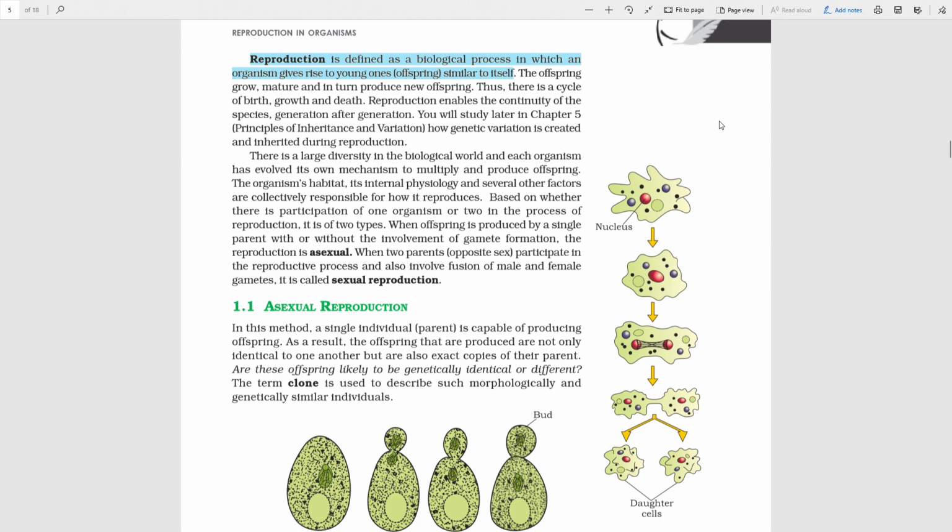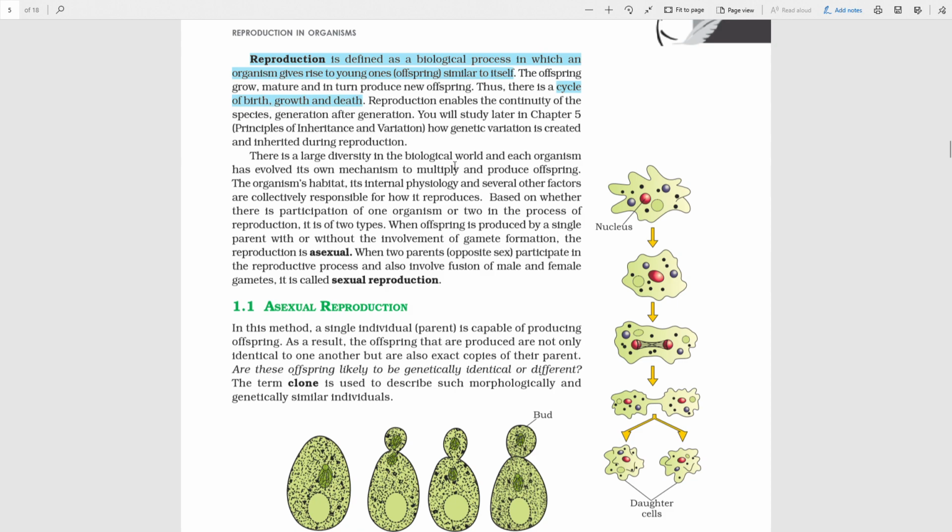It may be similar to itself or it may be different from itself. The offspring grow, mature and in turn produce new offspring. So from here we can see that there is a cycle of birth, growth and death, as I mentioned earlier in my lecture. So reproduction enables the continuity of species generation after generation.